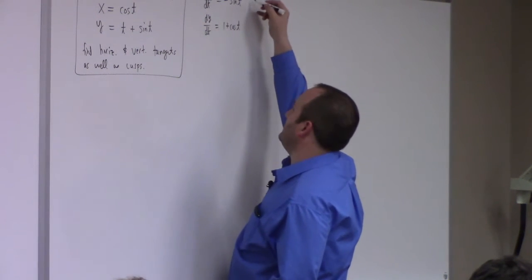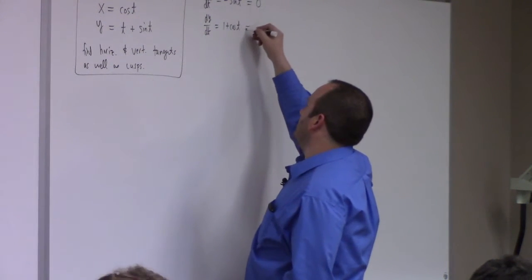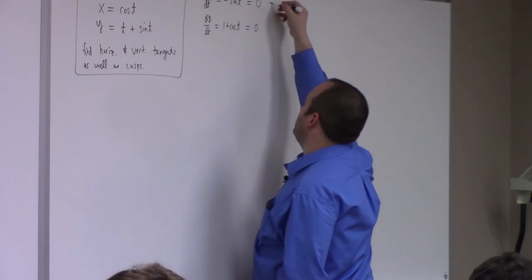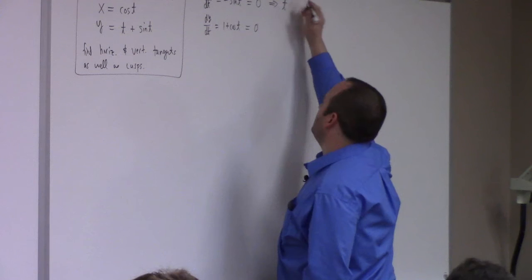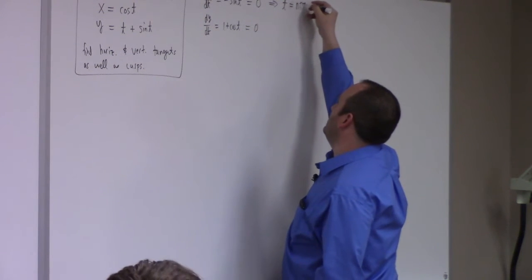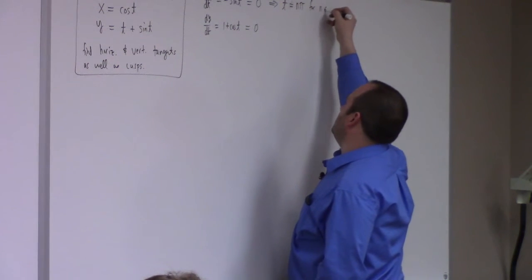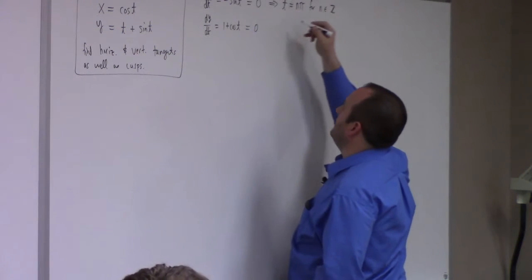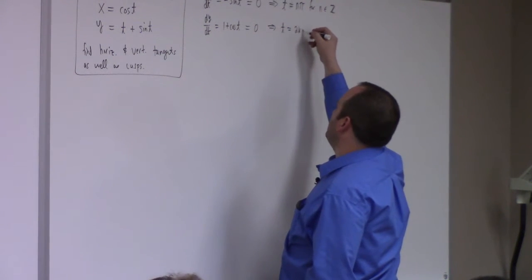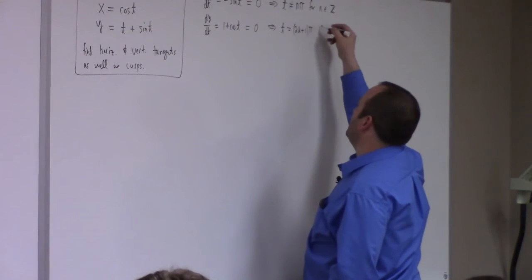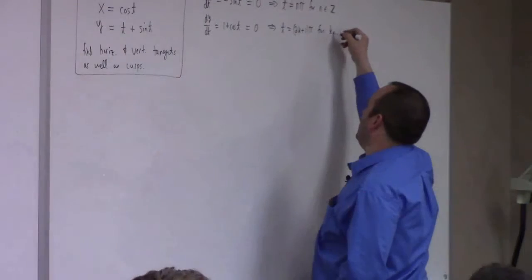As we discussed last time, this equal to 0 and that equal to 0 have nice solutions. This implies that t is equal to n pi for n in the integers, and this implies that t is equal to 2k plus 1 times pi for some k in the integers, right?